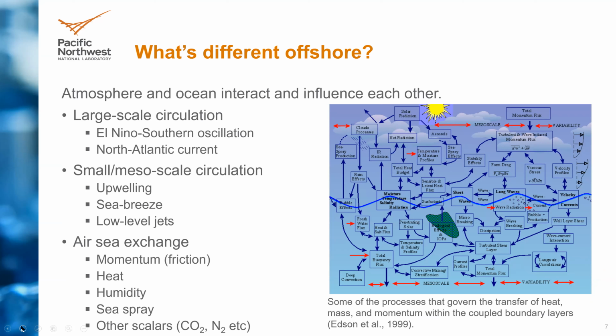And again, this is not everything, right? There's a lot more which is broadly brushed out in this particular slide, but it gives you an idea of the various processes that govern the transfer of heat, mass, and momentum within this boundary layer, which is basically a coupled boundary layer.